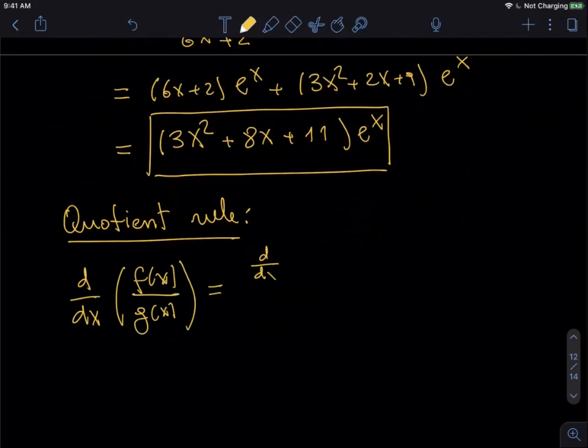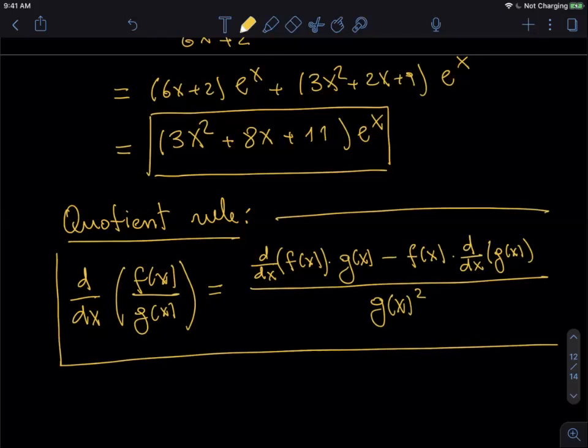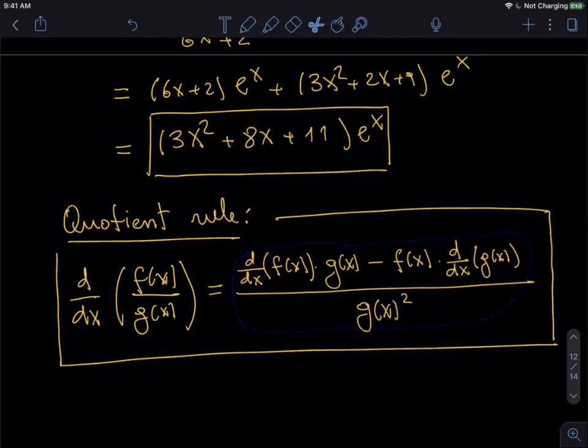So it's the derivative of the numerator times the denominator without derivative minus the numerator without derivative times the derivative of the denominator, divided by the square of the denominator. This expression looks difficult to remember, but there is a trick to remember it. The trick is practice, practice, practice.